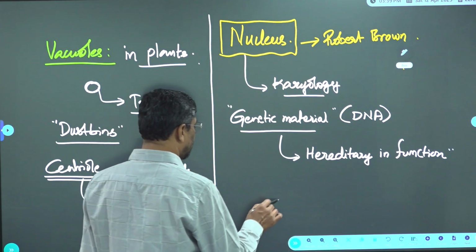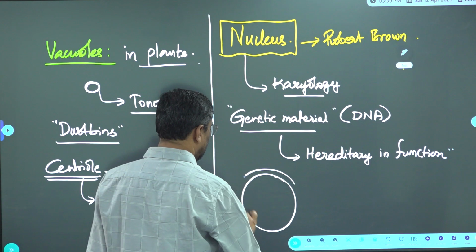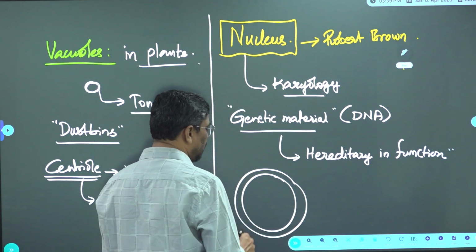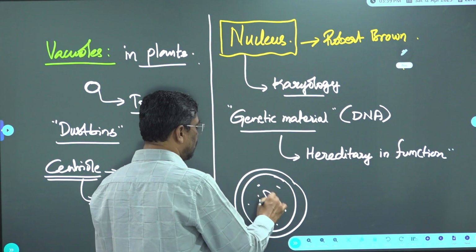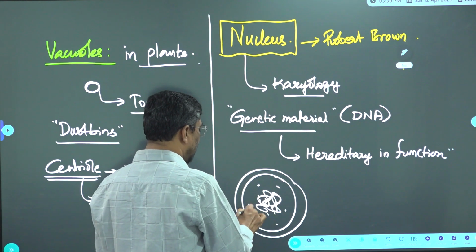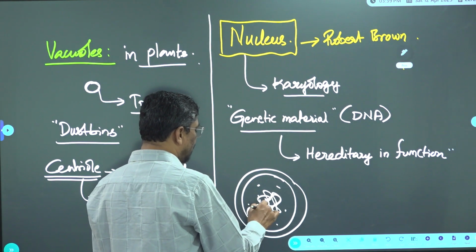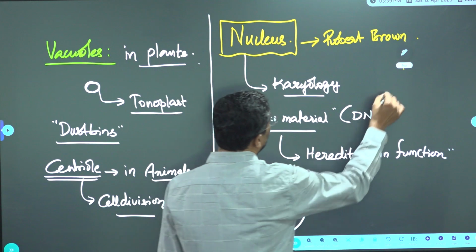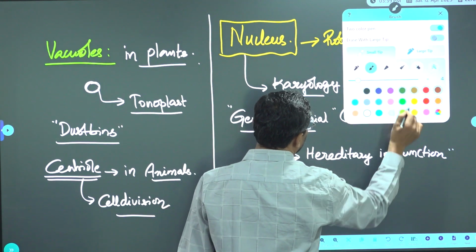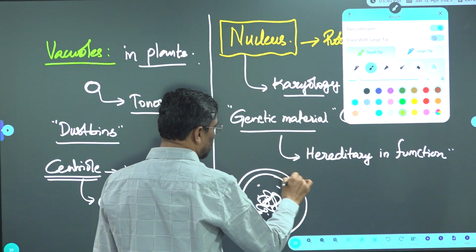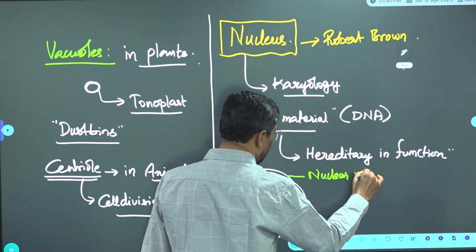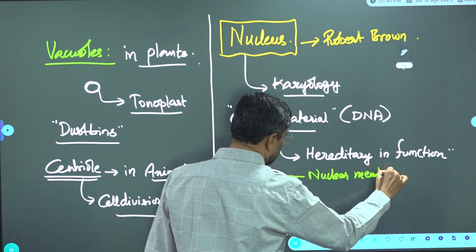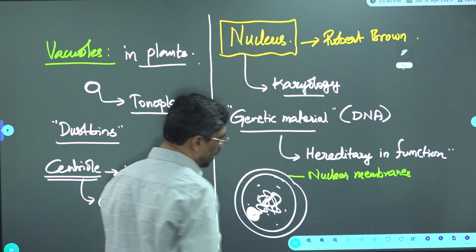If you observe the structure of the nucleus, it contains nuclear membranes, nucleoplasm, chromatin material, and a round solid mass called the nucleolus. These are called nuclear membranes: double membranes, outer and inner.